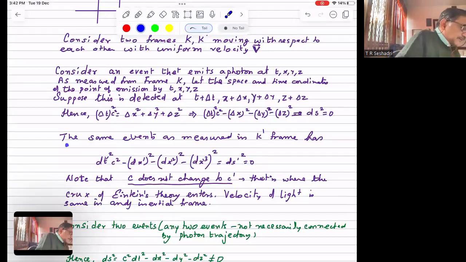Now, the same set of events could be measured in the K prime frame.